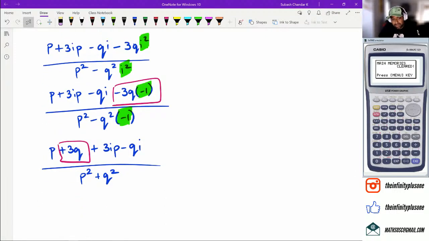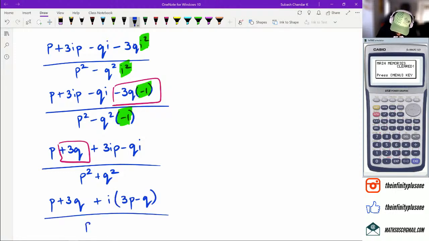So at this point we can start separating the real and the imaginary parts. The real part is p plus 3q and the imaginary part is 3p minus q, and the whole thing is divided by p squared plus q squared.